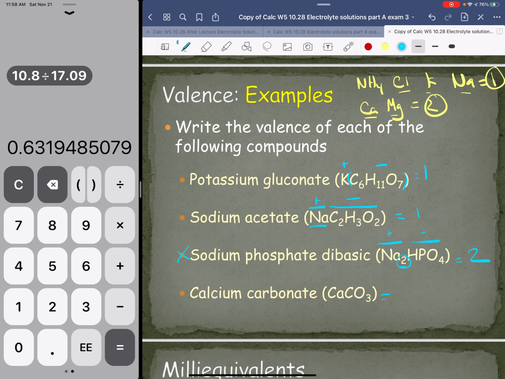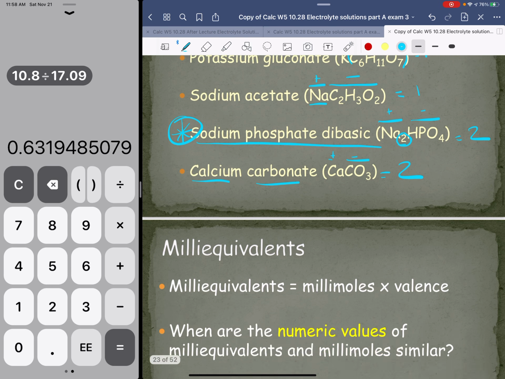And this particular spot right here threw me for a loop in the lecture. Had no idea what was going on at that point. I'm glad I finally figured that out. Thanks, Nelson. Appreciate that. Okay, so anyhow, then I also have the calcium carbonate. We have a positive and a negative. And calcium, we saw, has a valence of 2. So those were practice problems there.